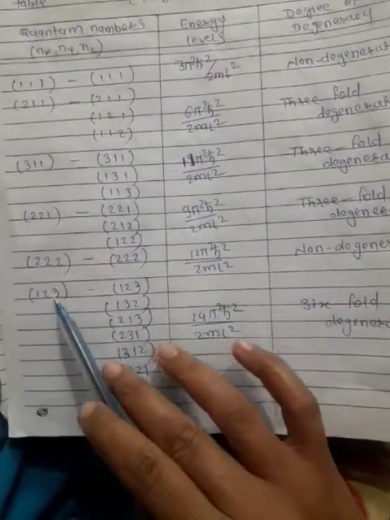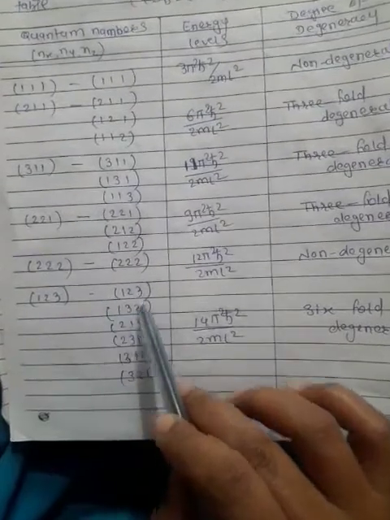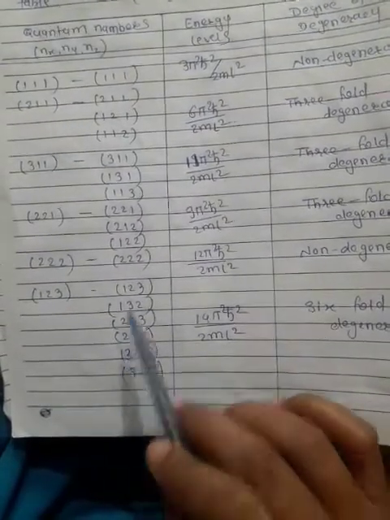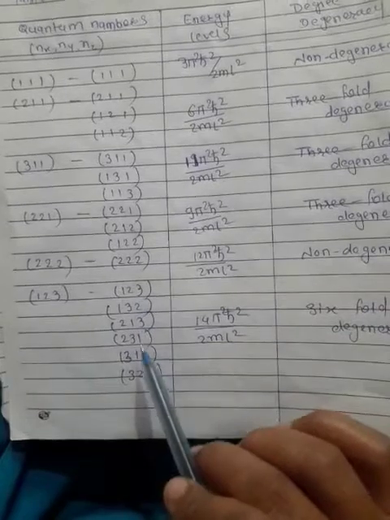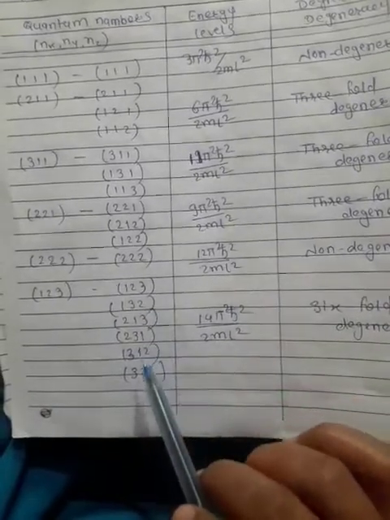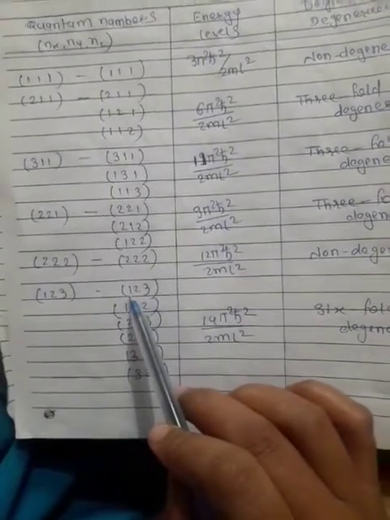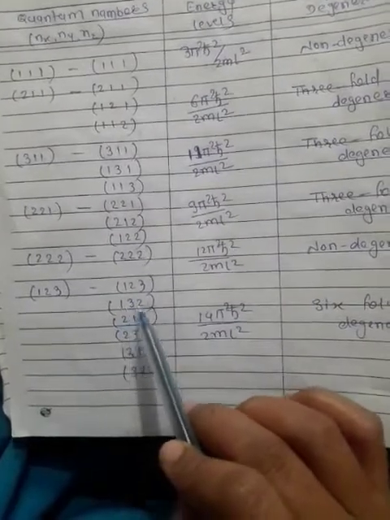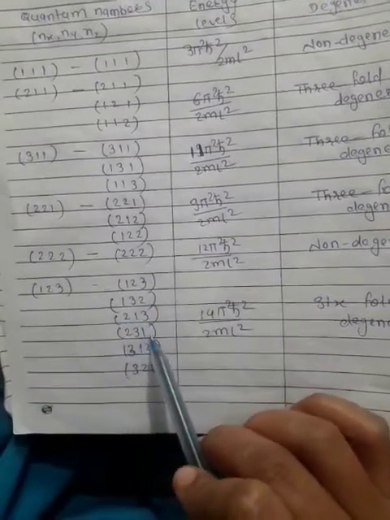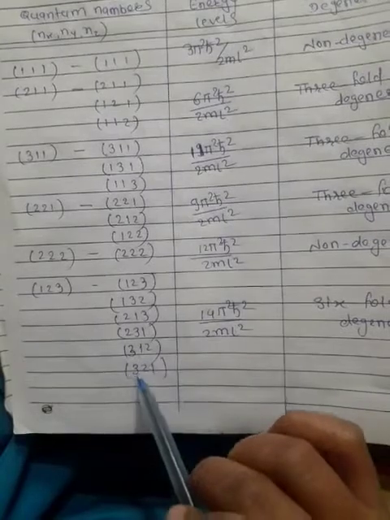Now the next is 123. This 123 has six types of wave functions, which can be written as 123, 132, 213, 231, 312, 321.